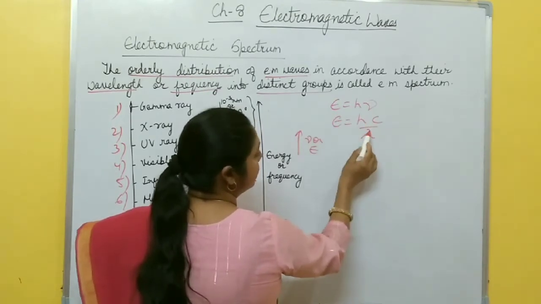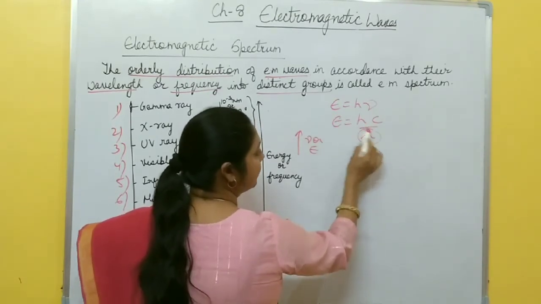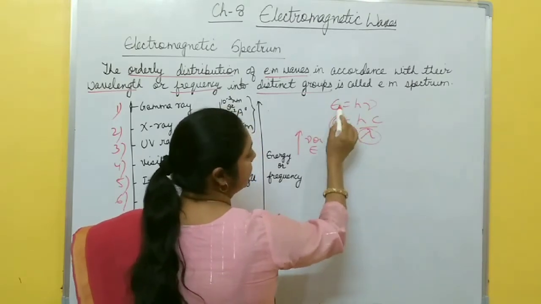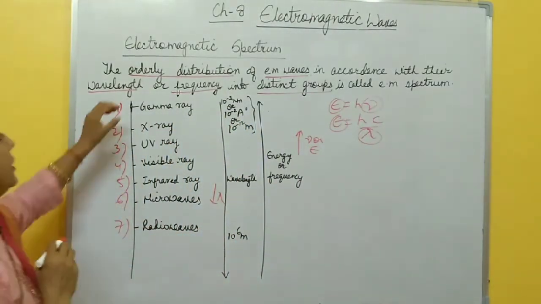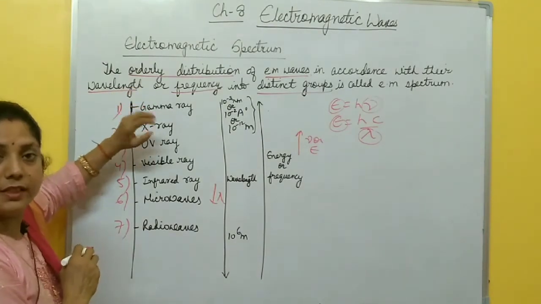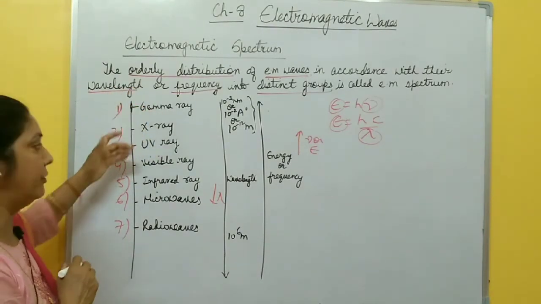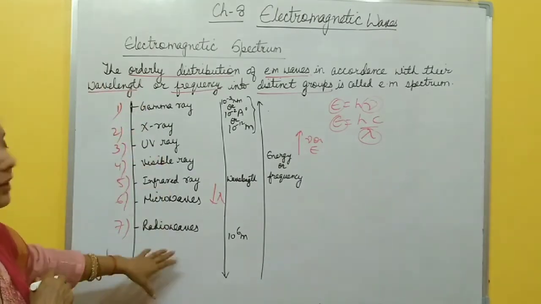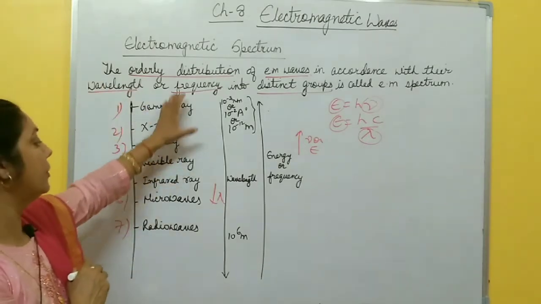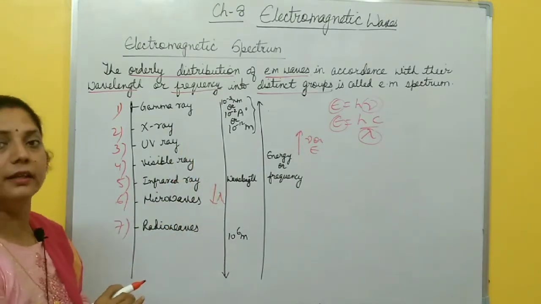So energy is inversely proportional to wavelength and directly proportional to frequency. That's why if it has larger frequency, it has least wavelength. So you must remember these electromagnetic waves in sequence, in the order of increasing wavelength and decreasing energy.